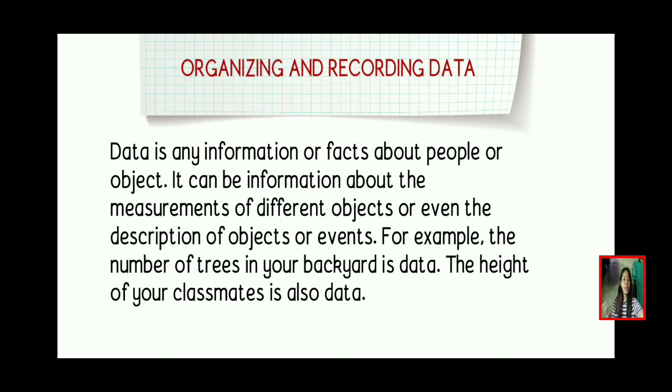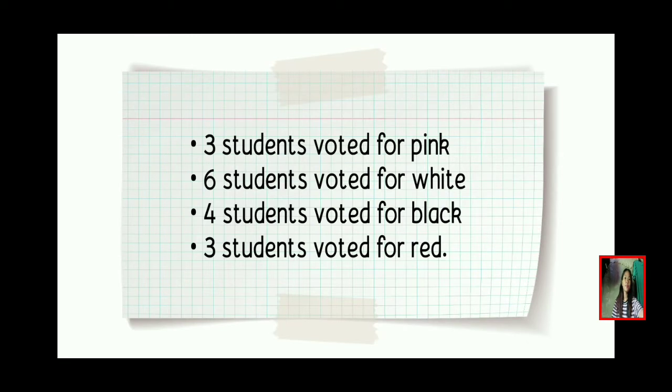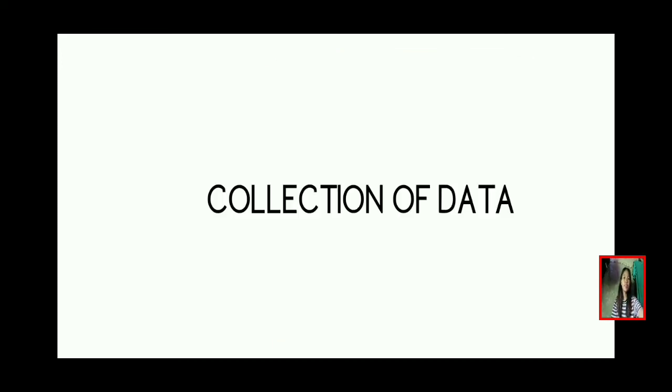When you ask the favorite colors of your classmates, the information you gather might look like this. There are 3 students who voted for pink, 6 students voted for white, 4 students voted for black, and 3 students voted for red. So the gathering of this type of information is called collection of data.